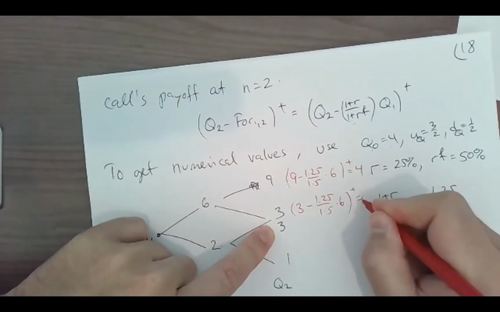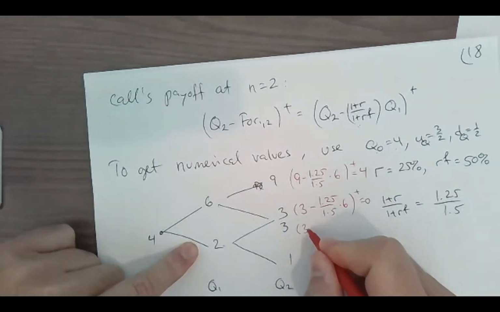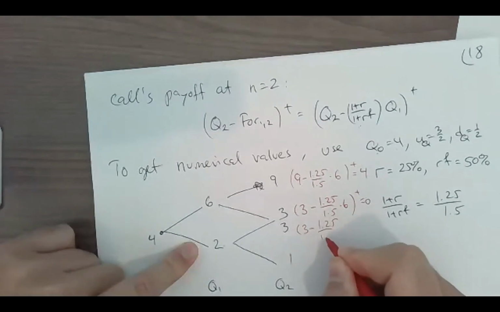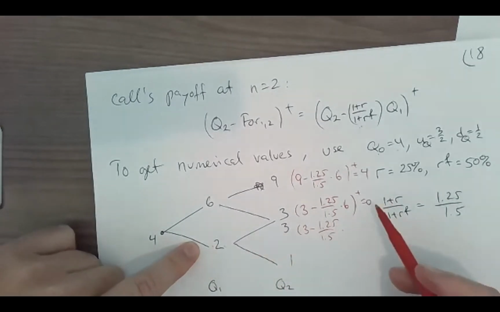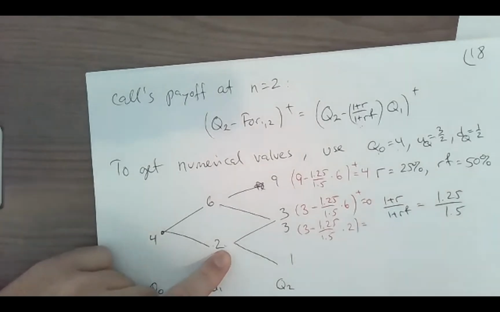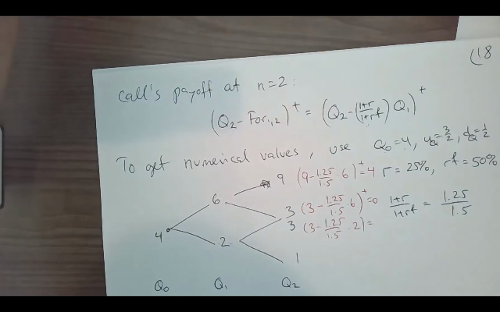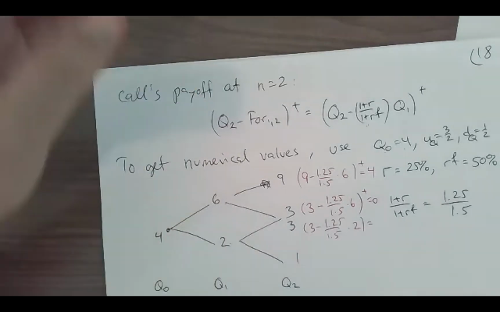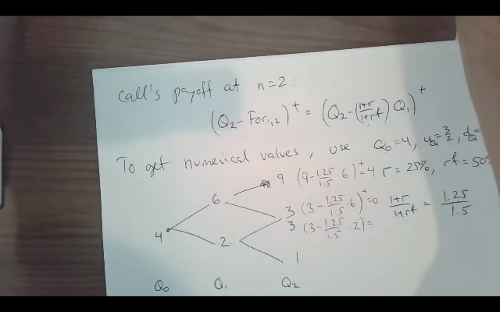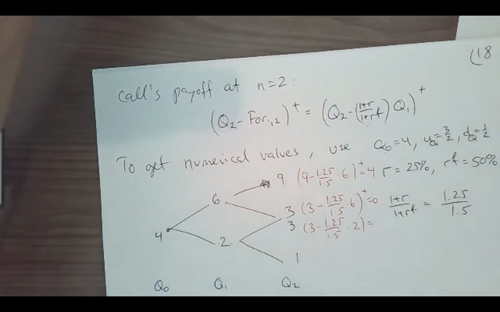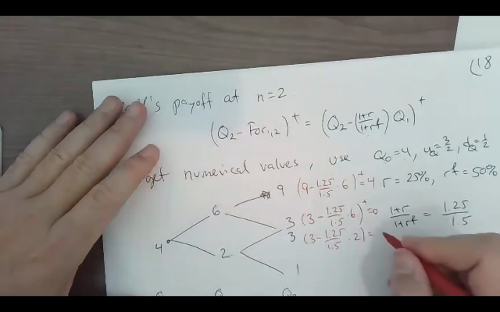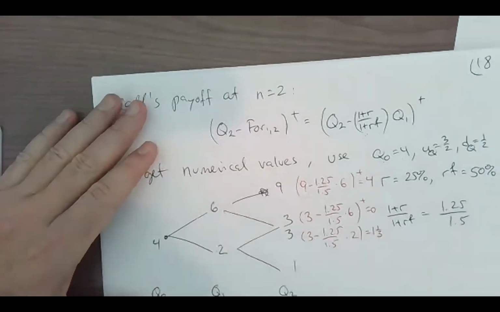So that's going to be 0. And then the other one is going to be 3 minus 1.25 divided by 1.5 times 2. And that's going to be... I get here 1/3.